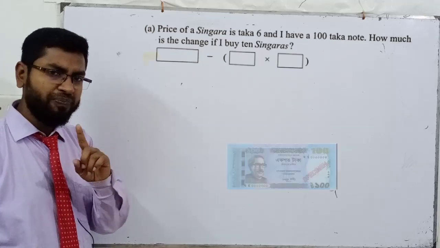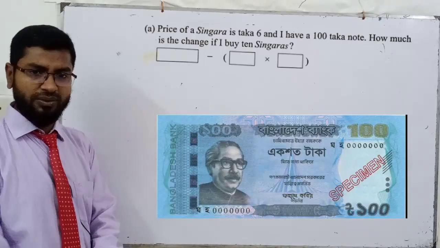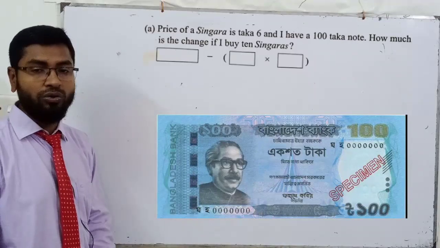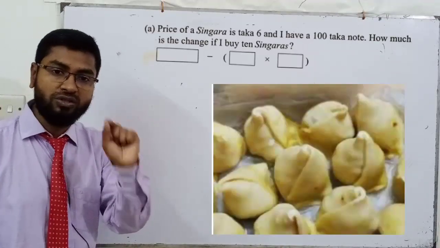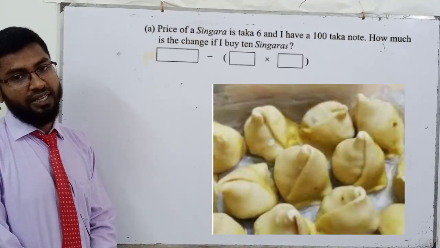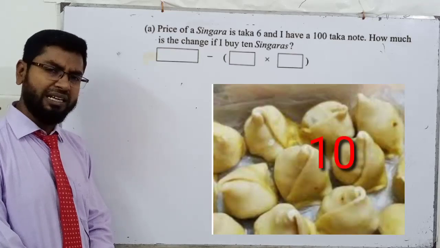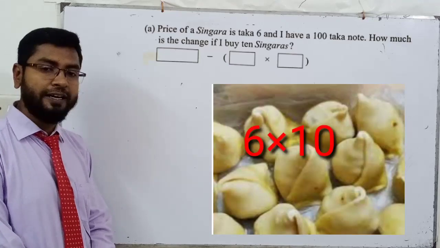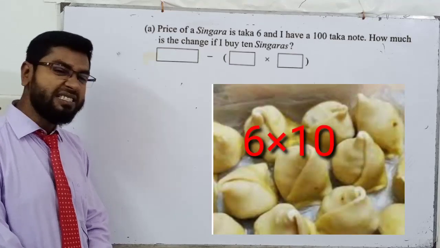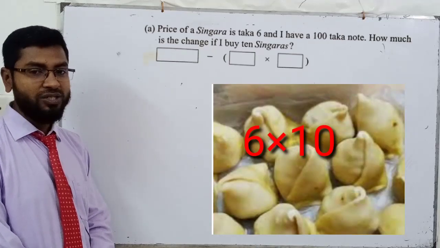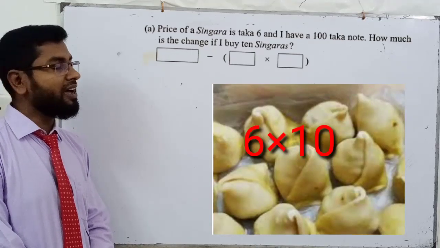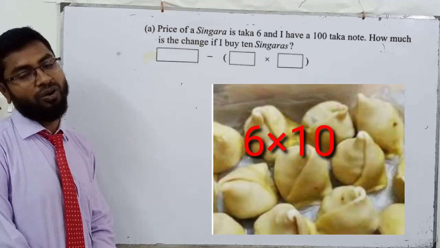So remember, I have a 100 taka note. From the 100 taka note, I need to subtract the total price of shingara. So how many shingara have you bought? 10 shingara. What is the price of 10 shingara? Each shingara price is 6 taka. So 10 into 6 is the total price of shingara.